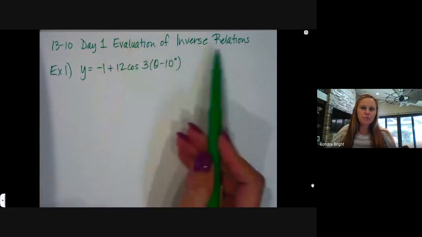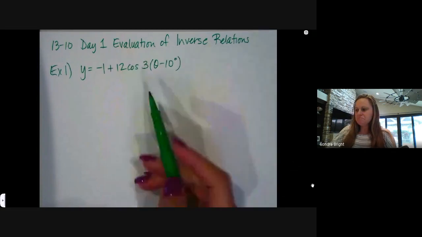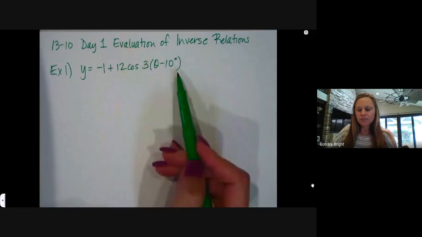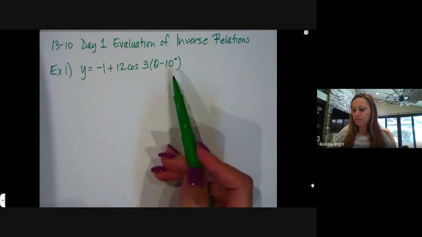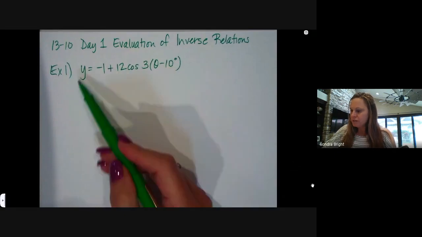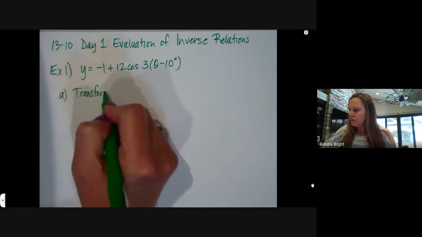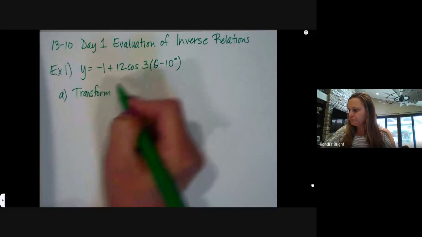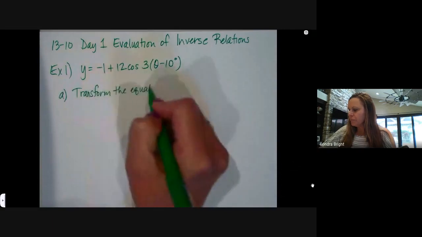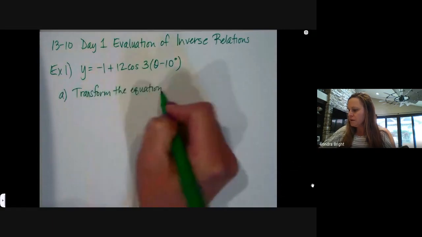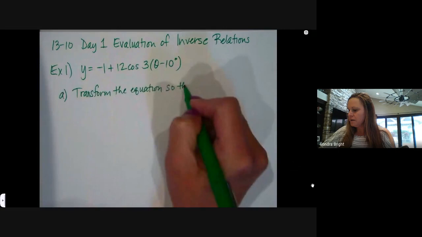All right, so they're going to be giving us some sinusoidal function like this in terms of y, and the directions will say, first of all, to transform the equation so that theta is in terms of y.